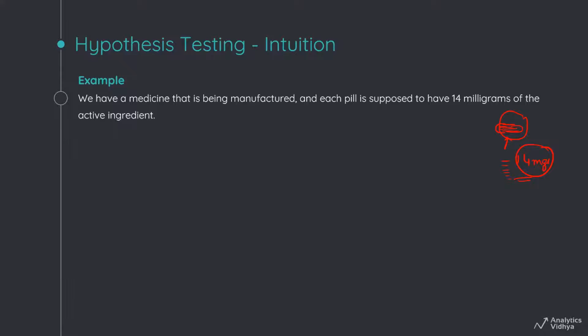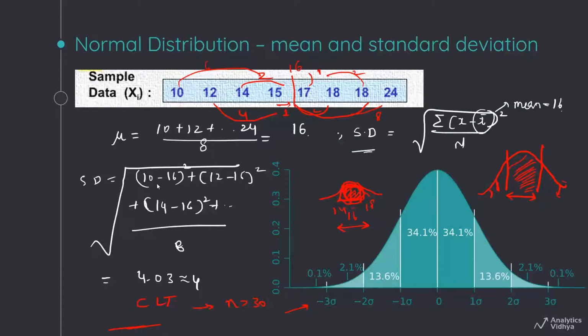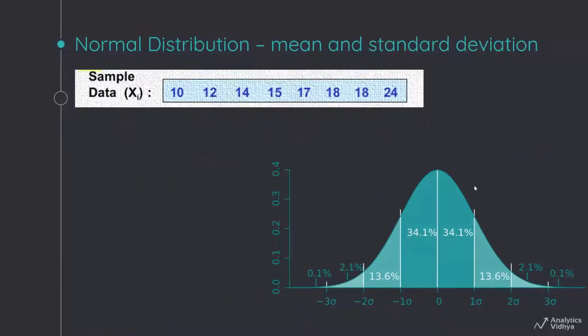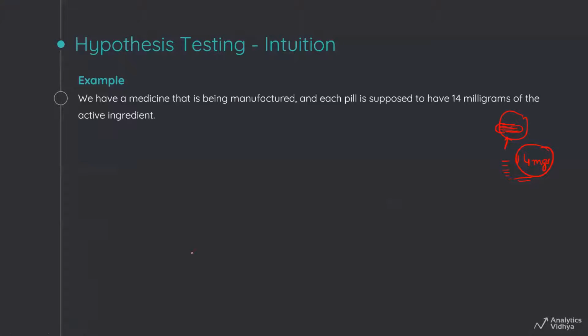To back up our intuition using statistics, we can use hypothesis testing. In the previous example, we saw that most of the distribution lies in the middle region. Let's take 14 milligrams as the mean value, what we are aiming for.